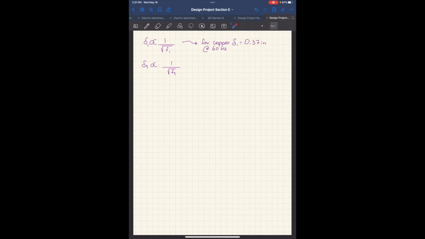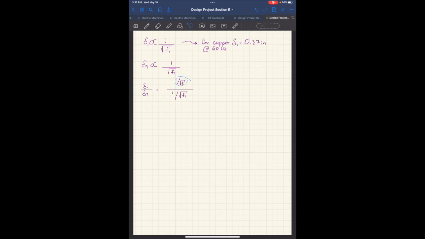So from there, we can find what is delta at the 9th harmonic. We can basically just take the ratio of the two, so I get delta 1 over delta 9, and I'm going to get the following. On top I have 1 over square root f1, and 1 over square root f9.